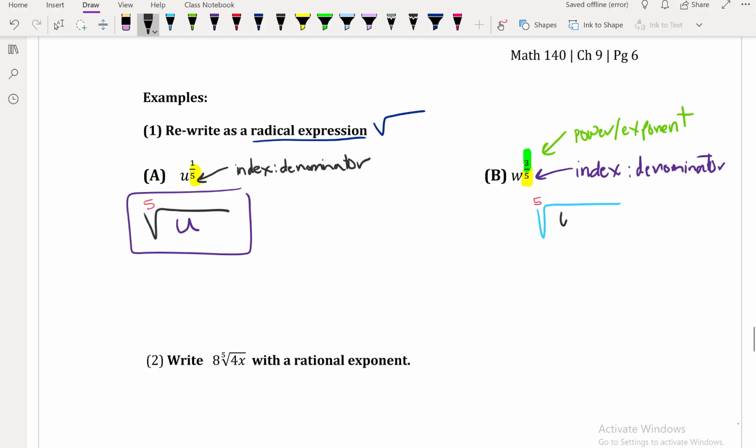So I'm going to have w to the 3rd power. So I have the 5th root of w to the 3rd power. That's how you rewrite this radical expression.